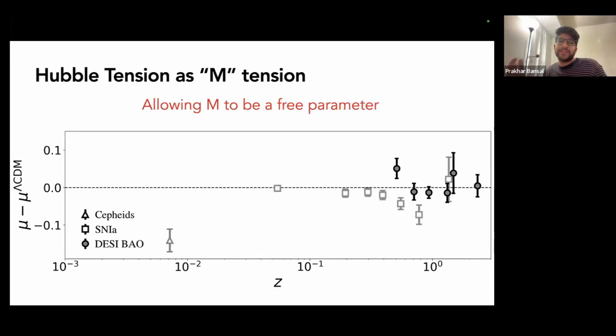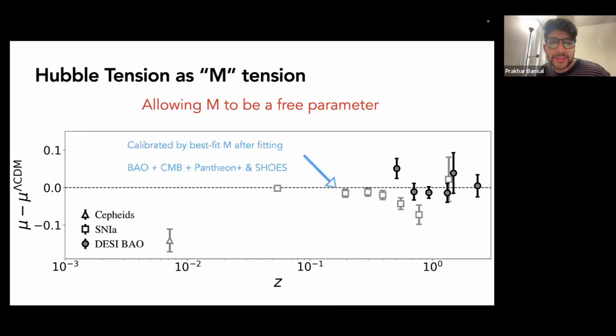The other way to present the same problem is if I make a combined fit. So I consider all my data, which is BAO, CMB, and Pantheon plus SH0ES. But this time I allow M to be a free parameter. So I don't apply the SH0ES M to all the data points, and I let the data decide what best fit M it prefers. In that case, we again have another problem, as you can see.